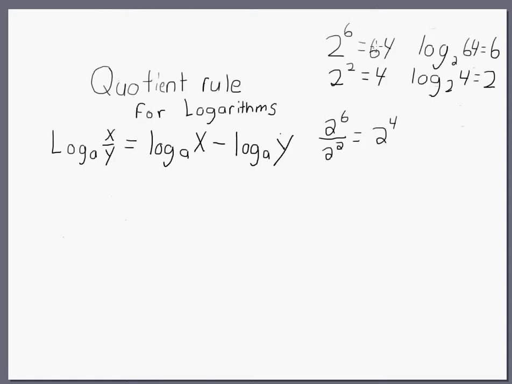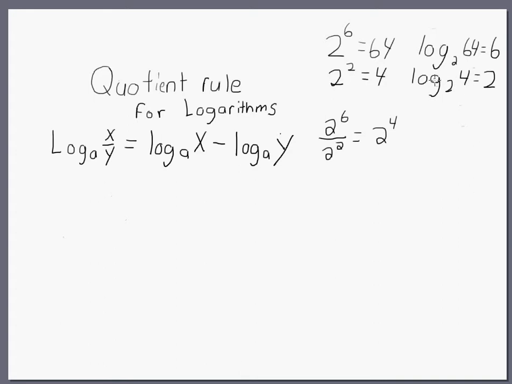If you look up here in the top right hand corner, I've written the actual exponents and the two different forms that we're going to use. We've got 2 to the 6, which is 64, which can also be seen in logarithmic form right here. Log base 2 of 64 is 6, and 2 squared is 4, and you can see the logarithmic form over here.